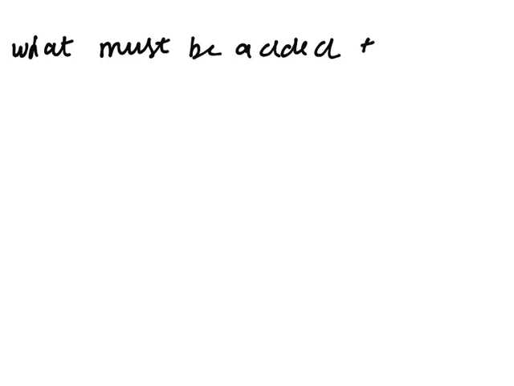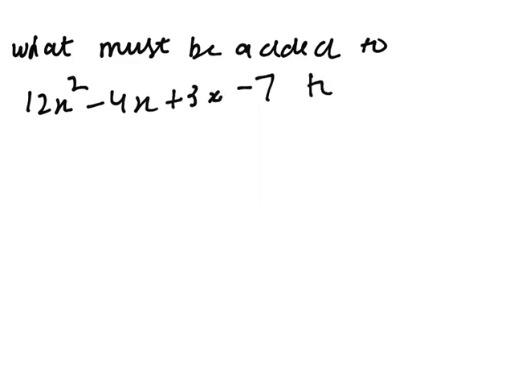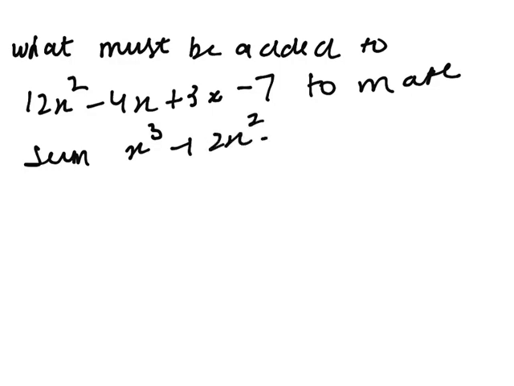Now let's take another kind of example like what must be added to 12x cube minus 4x square plus 3x minus 7 to make the sum x cube plus 2x square minus 3x plus 2.